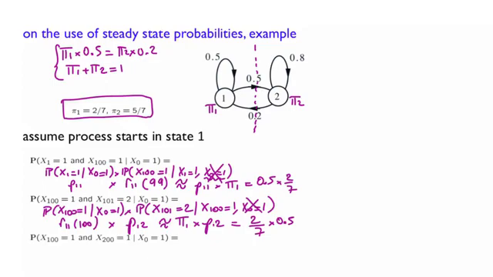Finally, let's calculate this third expression, where again we start at state 1, and now we are asking what is the probability that at time step 100 you are in 1, and 100 steps later you are again in 1. We use the same trick as before. This is the probability that the first thing happens, and given that, the probability of the second one happening.